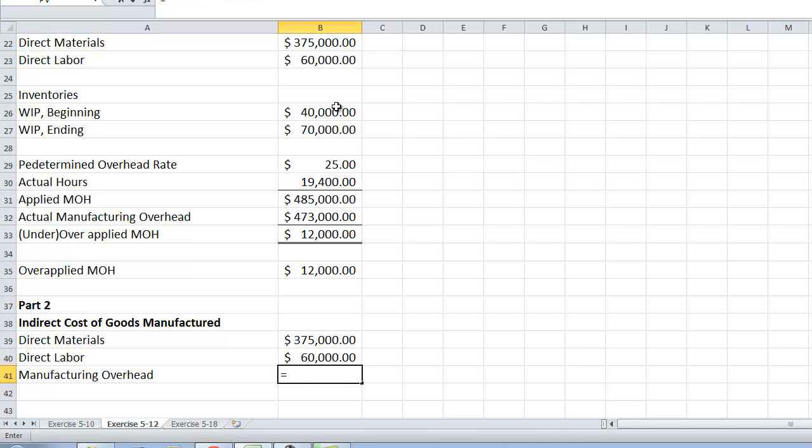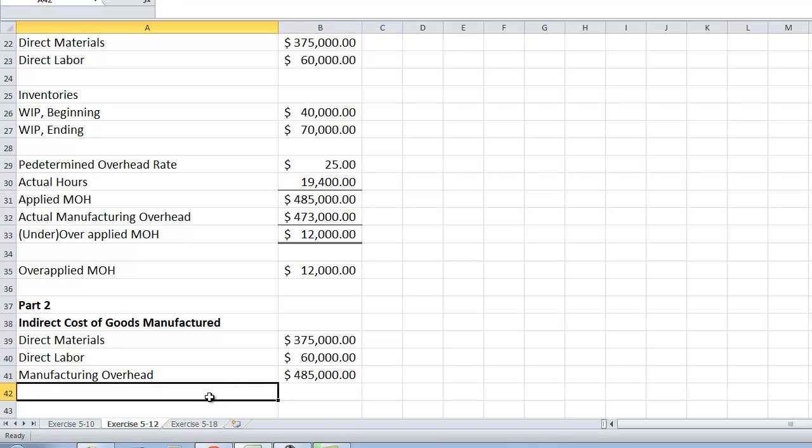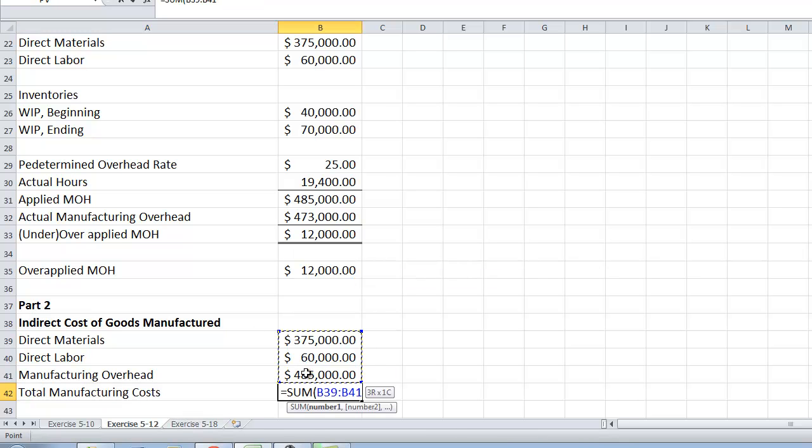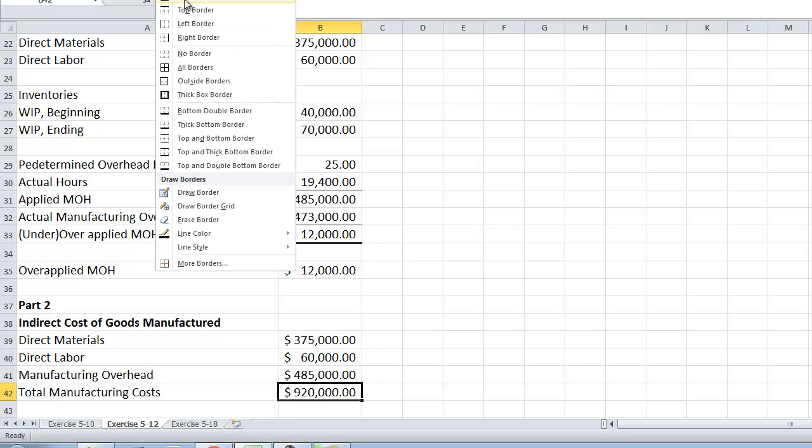And we're going to take the manufacturing overhead applied. So this is going to give us our total manufacturing cost, which equals the sum of all of these. So we add these together. Okay. We come up with 920,000.